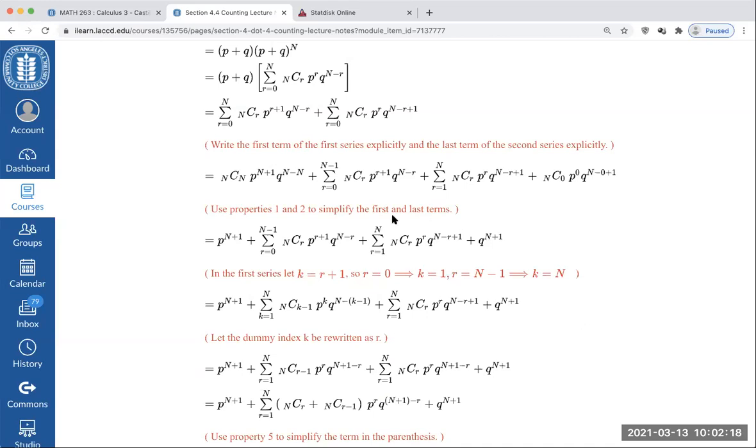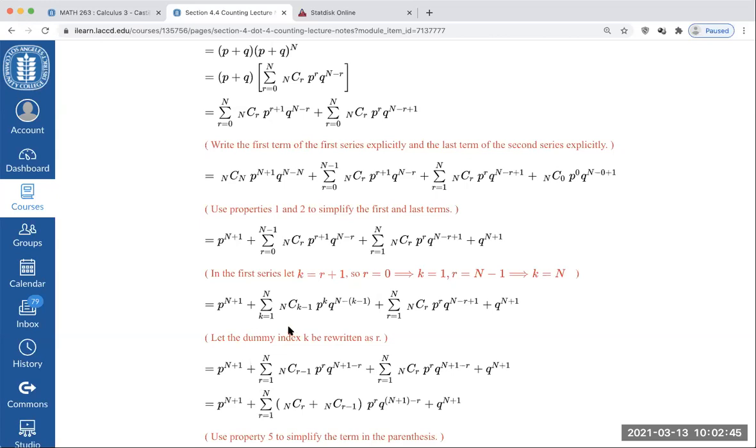Rewrite this third term here, the sum R equaling 1 to capital N, capital N CR, P to the R, Q to the capital N minus R plus 1. Now, for this term here, let K equal R plus 1.